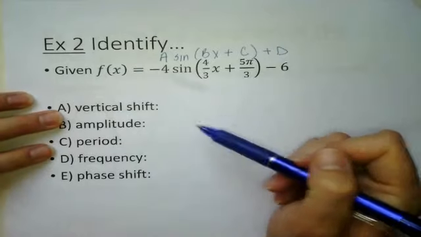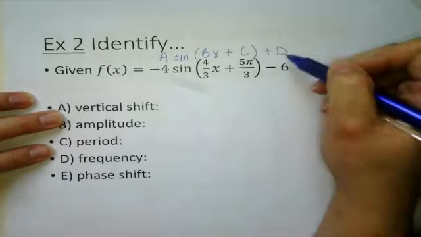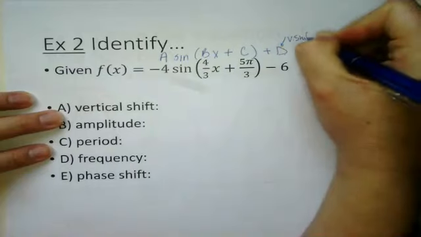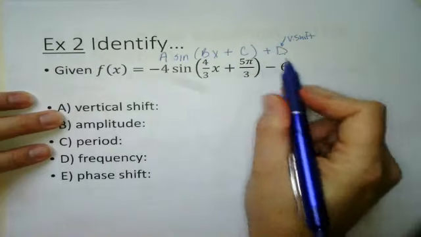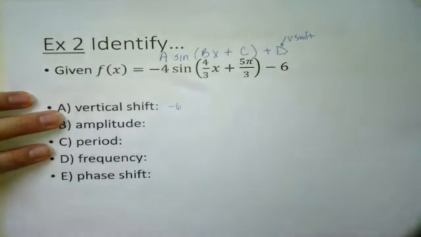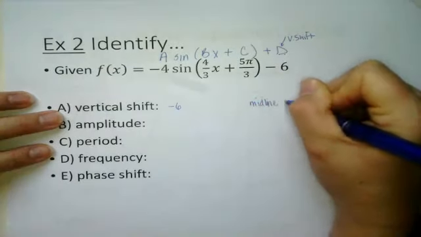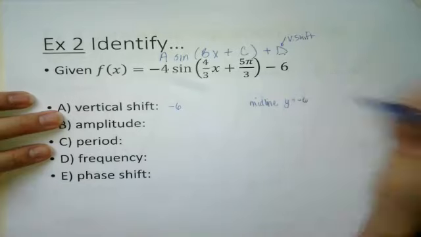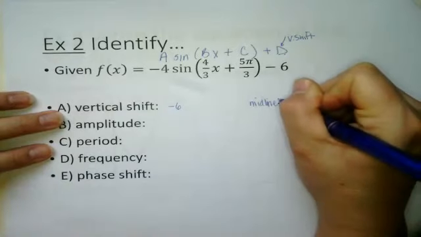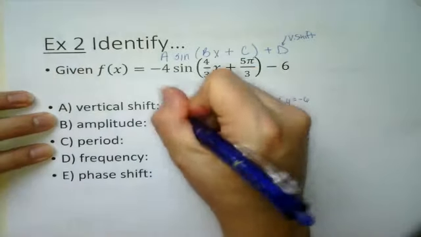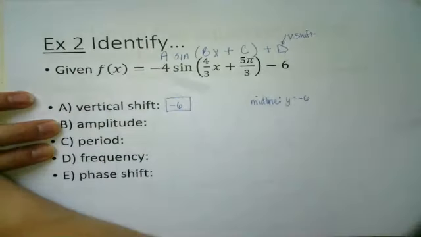So the vertical shift is the d value. This is the vertical shift. And in this case, the d value is -6. If they asked what's the midline, L-I-N-E, it would be the equation y equals -6. So be very careful. They're pretty particular. But the vertical shift is just -6, down 6.